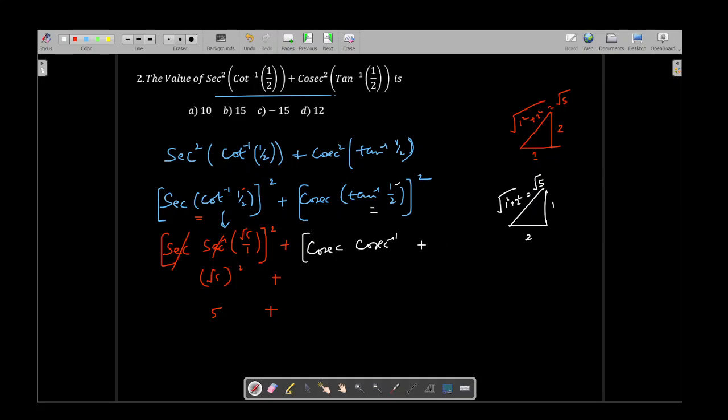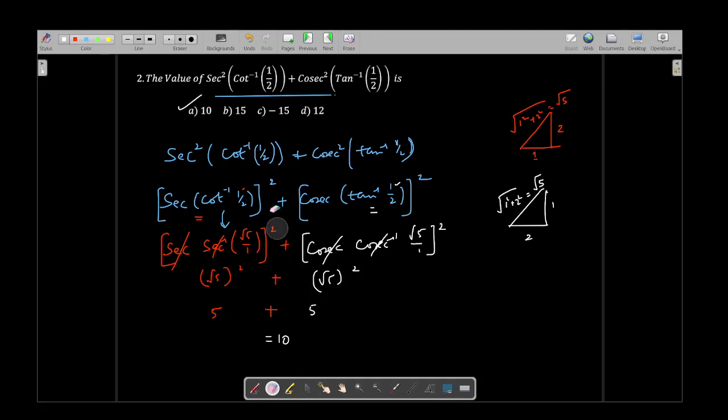Cosecant inverse is hypotenuse root 5 divided by opposite side 1. So this is square, cosecant and cosecant inverse will cancel. I'll get root 5 square again, so this is 5. So the answer is 5 plus 5, 10. This is my option. There is one more method to do this.